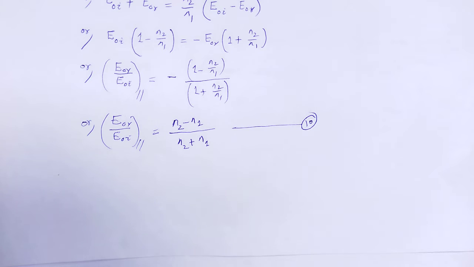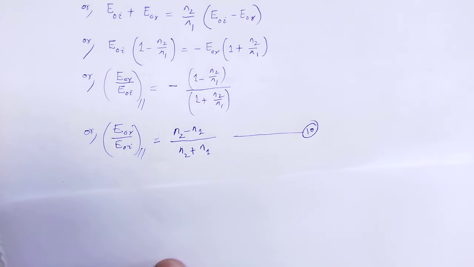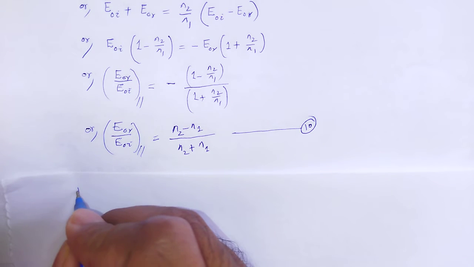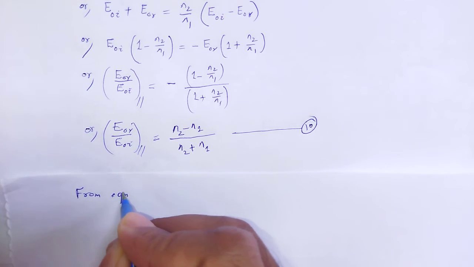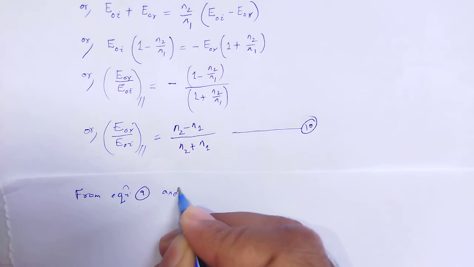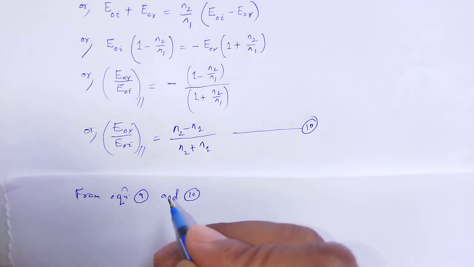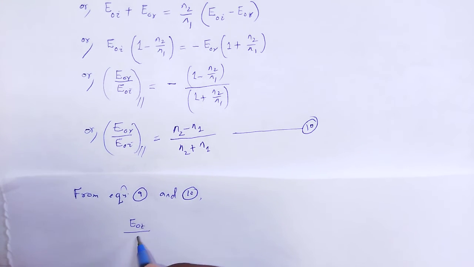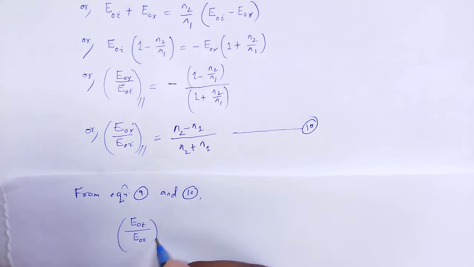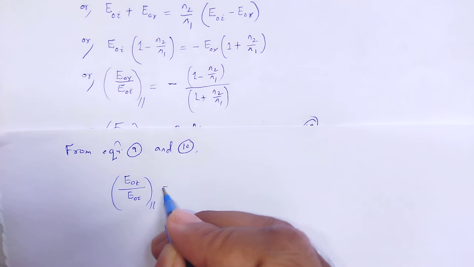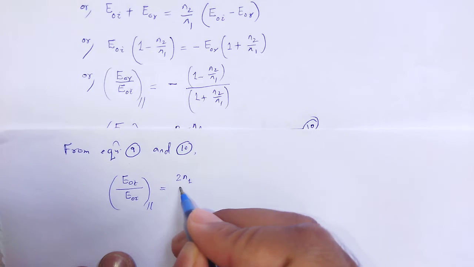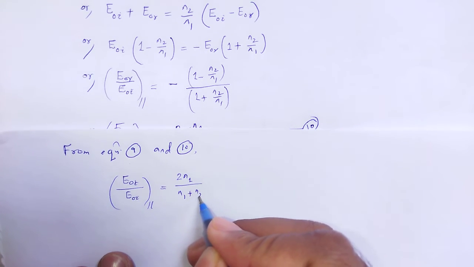Now it can be further simplified from equation 9 and 10. From equation 9, E0T divided by E0I at the parallel is equal to, that is 2N1 divided by N1 plus N2.